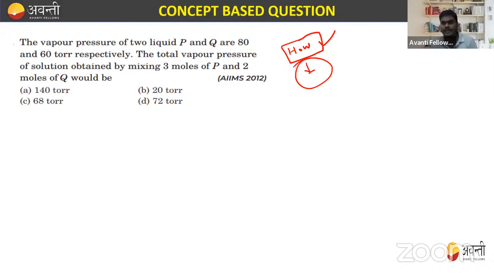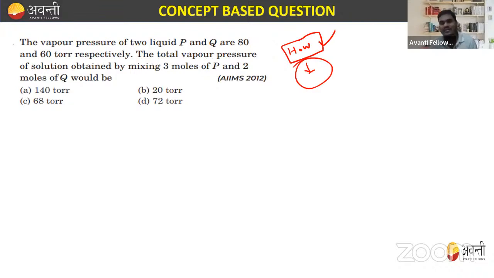This question states that the vapor pressures of the two liquids P and Q are 80 and 60 torr respectively. The total vapor pressure of the solution obtained by mixing 3 mole of P and 2 mole of Q would be, so you have to calculate the total vapor pressure.